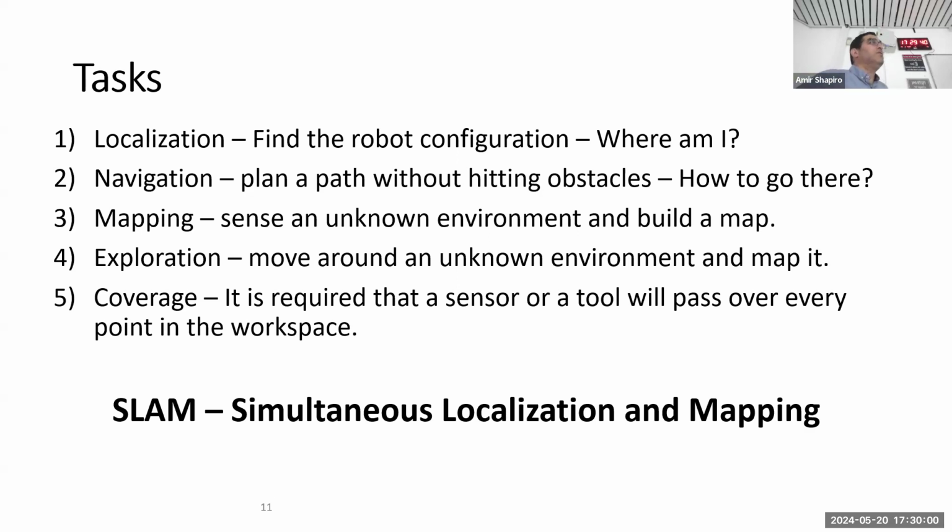If I need to go over the entire area and build a map of the entire area, I need to go into each place that the robot has never been to, see the obstacles and the walls there, and build the map of the entire area, not only the places that it went through. So it has to wander around the entire area.